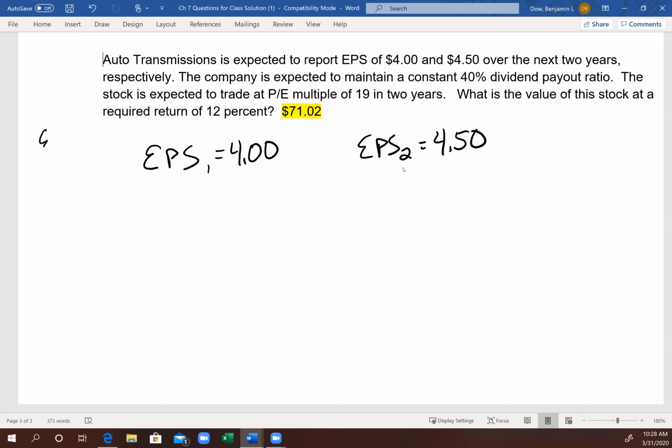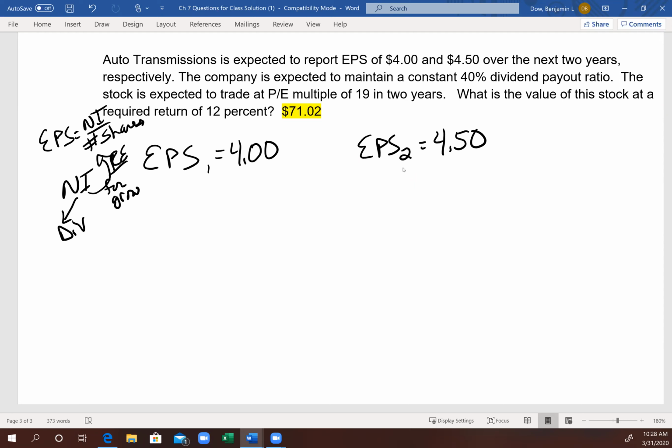Earnings per share is net income divided by number of shares outstanding. And the net income either gets paid out as a dividend or reinvested back into the firm under retained earnings. And that's how the company grows. That's how we get the constant growth rate.